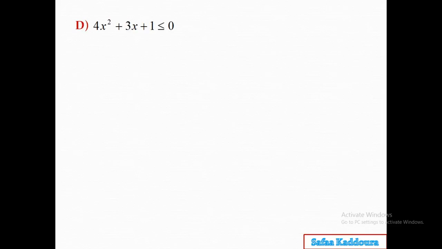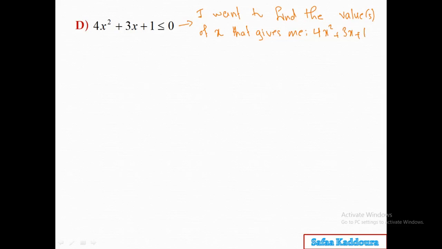Now we will continue. We will solve 4x squared plus 3x plus 1 less than or equal to 0. What do we mean? It means that I want to find the value of x that gives me 4x squared plus 3x plus 1 negative or 0.